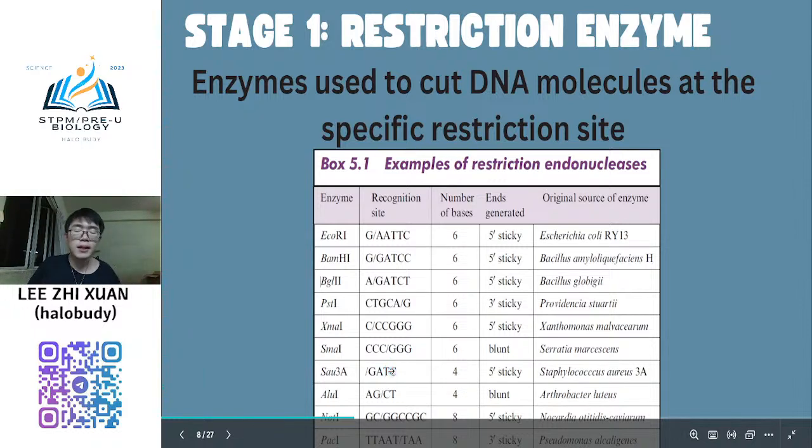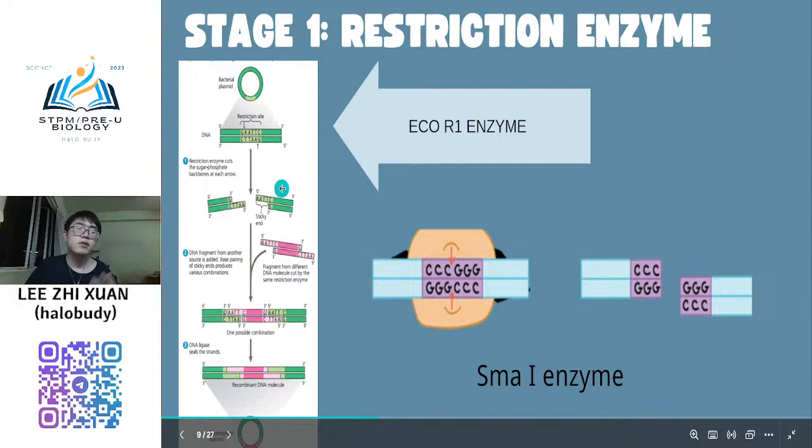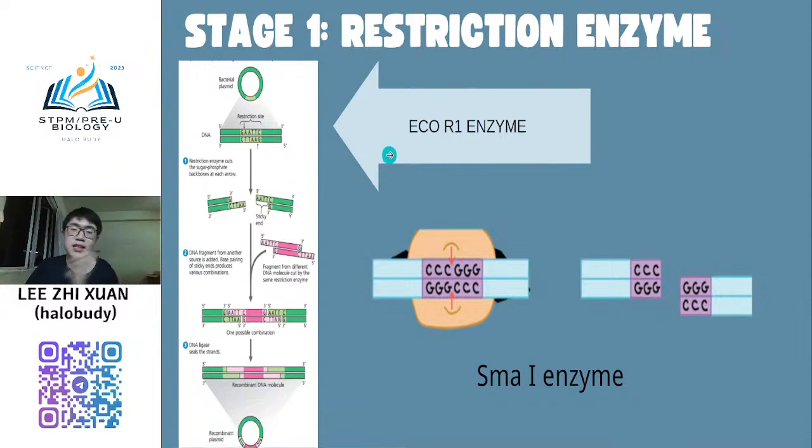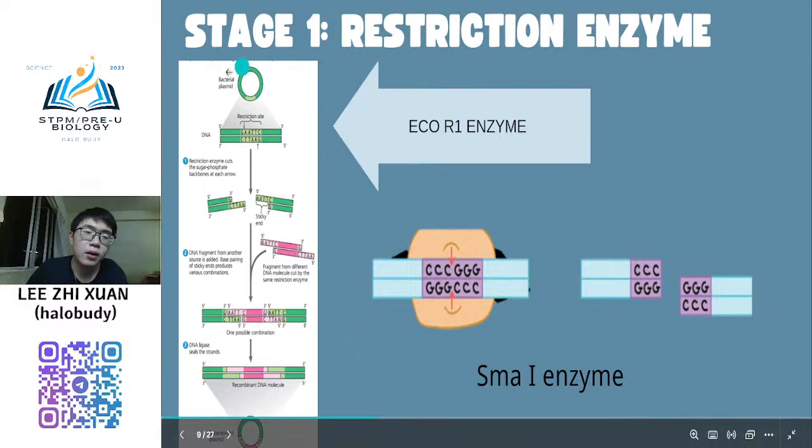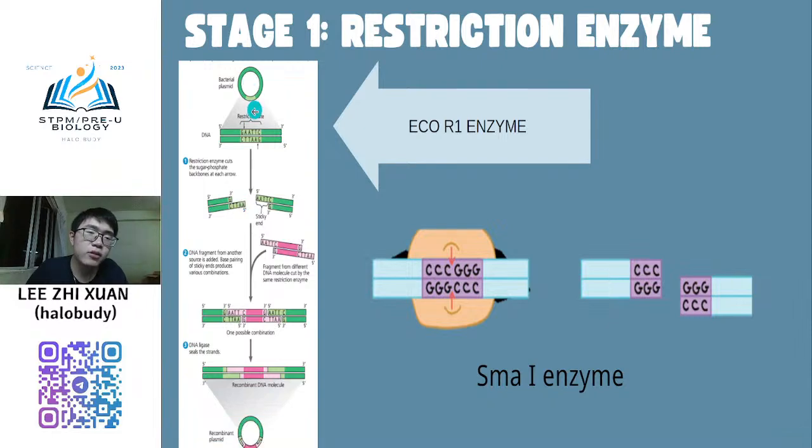Okay, so now, if you see here, yang paling penting, this one is EcoRI punya mechanism. Ini adalah SmaI. So, if you see here, EcoRI punya, ini plasmid, right? This is the plasmid, and then this is the restriction site.